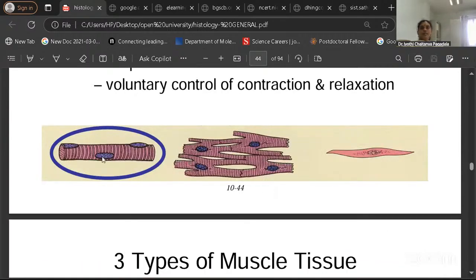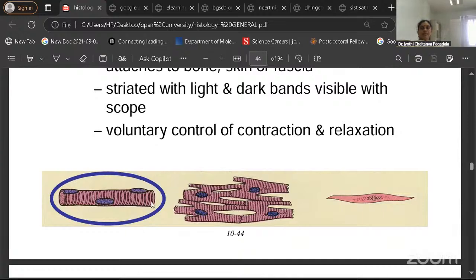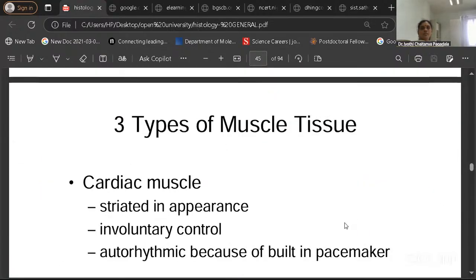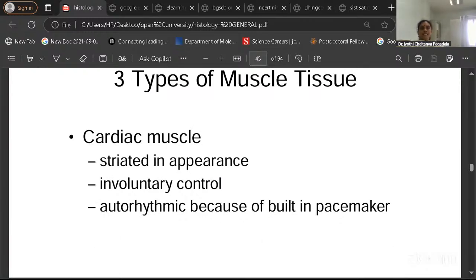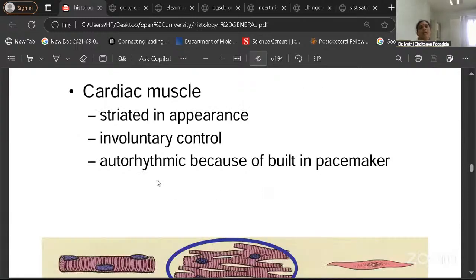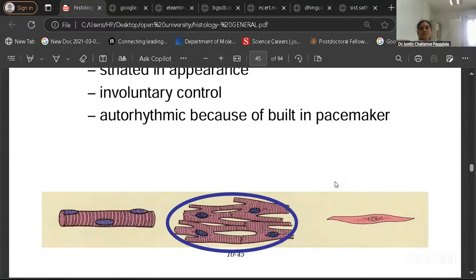Here you can see the skeletal muscle structure. And the next type of muscle tissue is cardiac muscle. The cardiac muscle appears striated, with involuntary control, and is autorhythmic because of a built-in pacemaker.